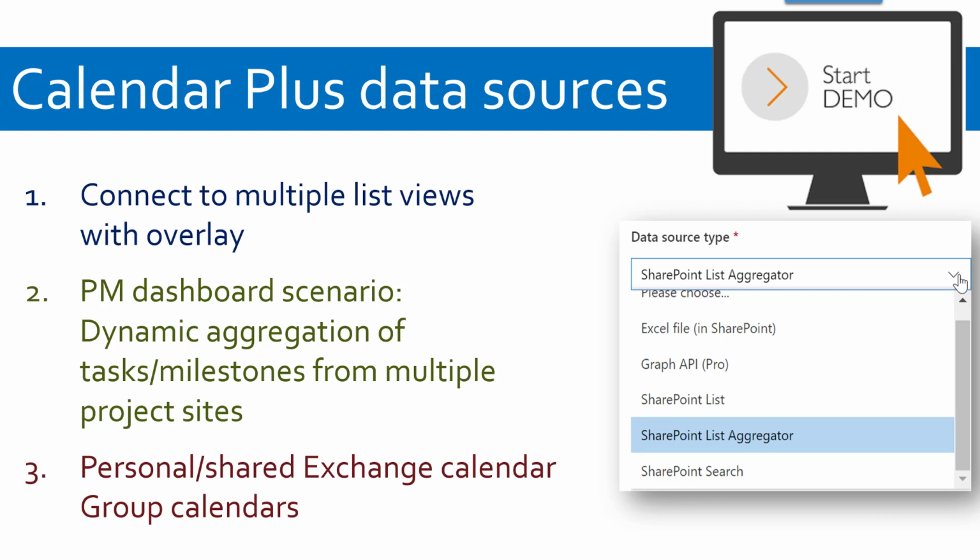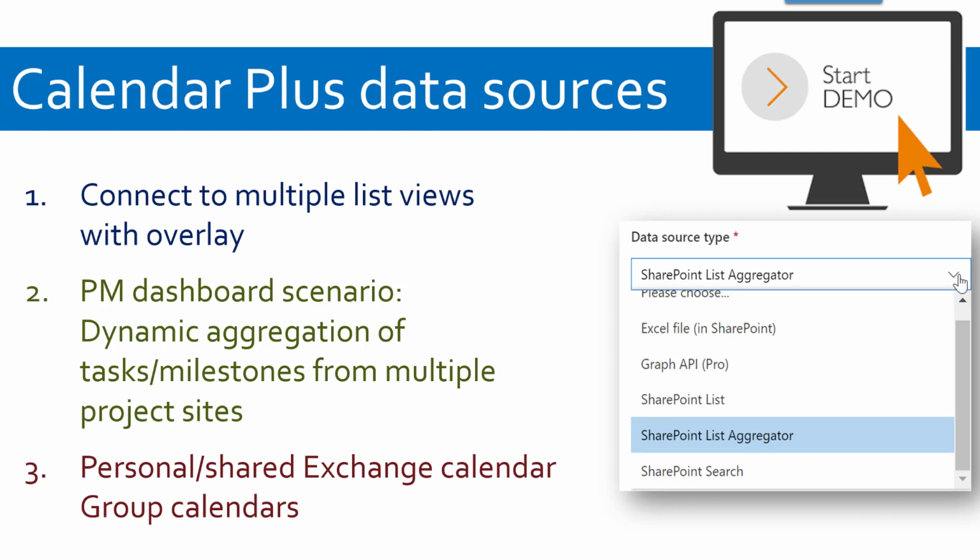Imagine you have a project site per each project in your company, and projects are created on a weekly or monthly basis, and you wish to display all the milestones from all these projects in one consolidated view.